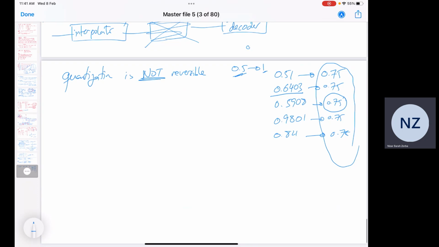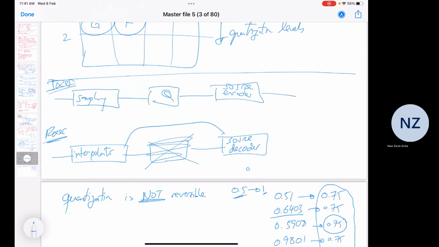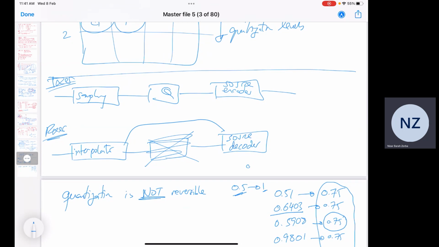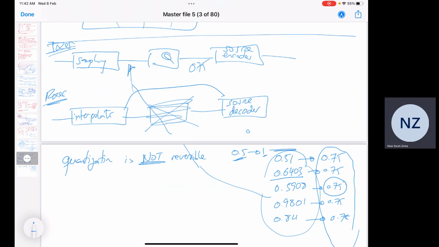The procedure is: this is the transmitter, this is the receiver. At the transmitter, I have a value that is any of these values. Then I quantize it, approximating it to 0.75. From 0.5 to 1, they will be quantized to 0.75.